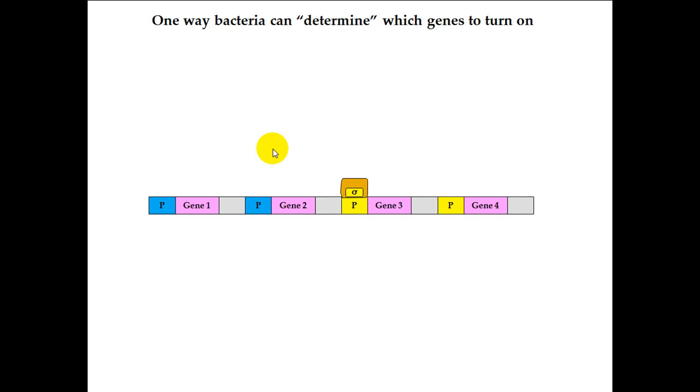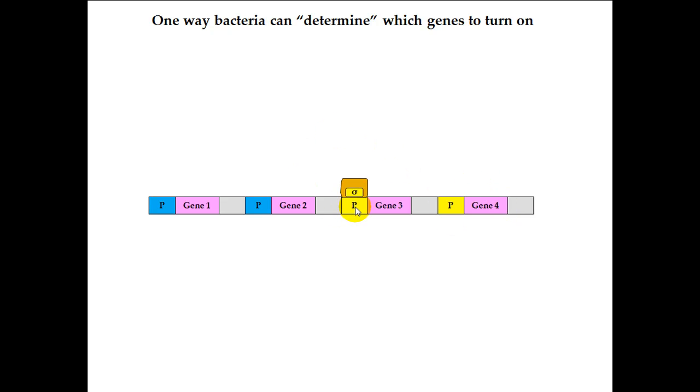Here's why that comes in handy. It turns out that a cell might not need a gene to be turned on all of the time. In fact, it might only need it under certain circumstances. In different environments, a cell will produce a different type of sigma factor that will allow the RNA polymerase to turn on the corresponding gene that will allow it to best cope with that particular environment.